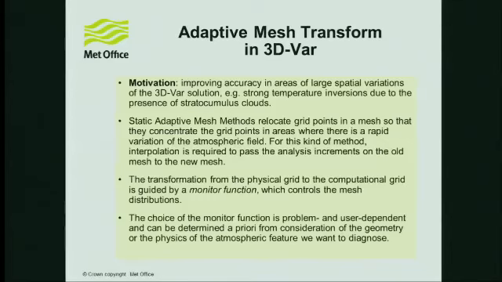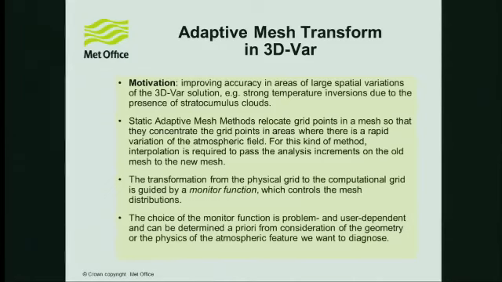And the transformation is guided by a monitor function, which is basically a diagnostic function that controls how the mesh gets distributed. The choice of the monitor function depends on the problem and depends on the user.